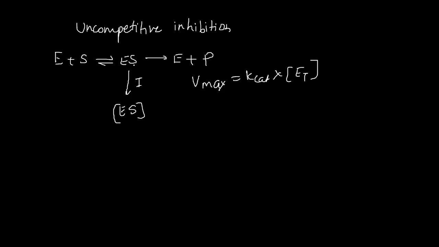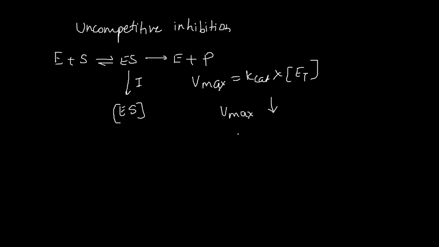Because the inhibitor is binding to the ES complex, the product is not going to be formed. And because the product is not going to be formed, the effective enzyme concentration is going to be decreased. So Vmax is going to be decreased in this assay.